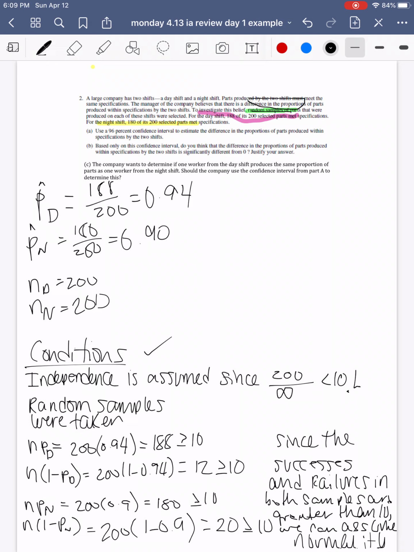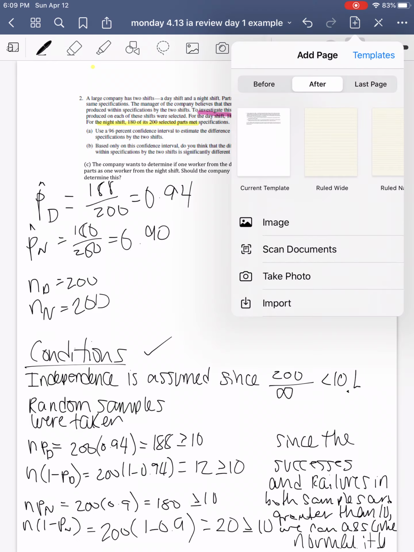So let's go ahead and conduct the confidence interval here. This is a 96% confidence interval, so my C here is 0.96. A lot of you probably have this memorized. You know that your Z is going to be equal to 1.96 here.